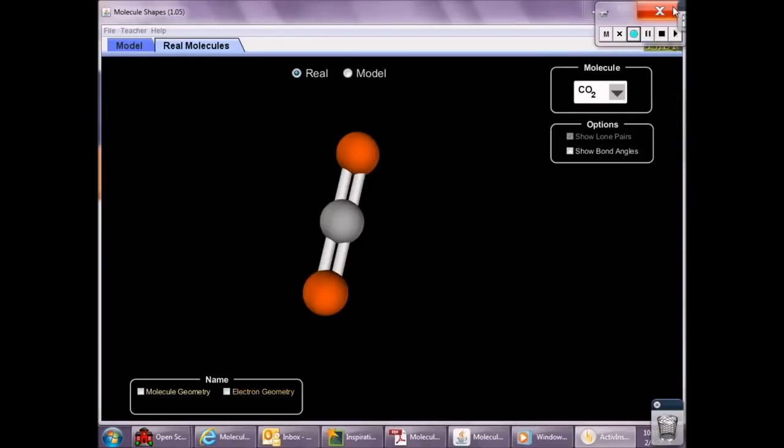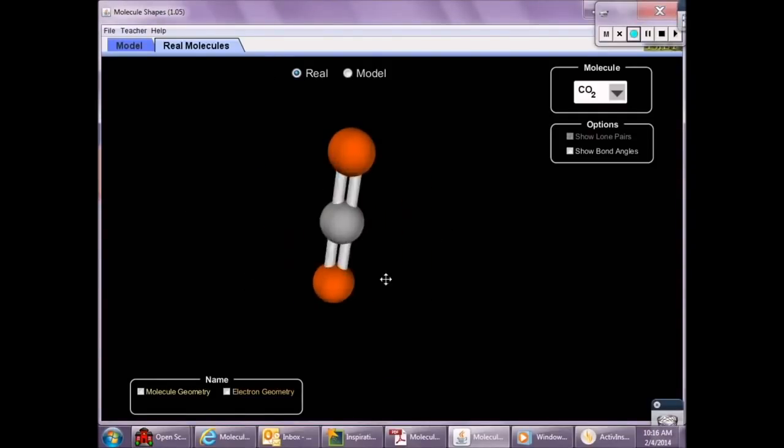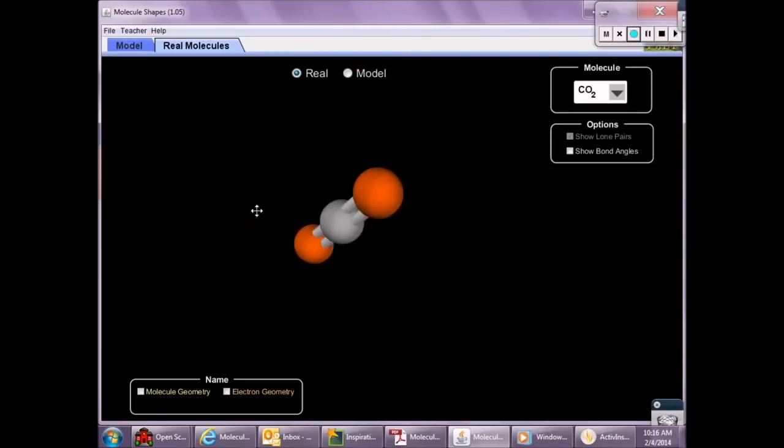Now, I need for you to look at that molecule right now. If I call the central atom A, the terminal atoms B, what would be the general formula for this molecule? BAB. If you are writing a molecule, what is another way you would write it?